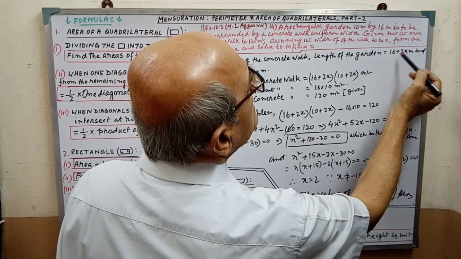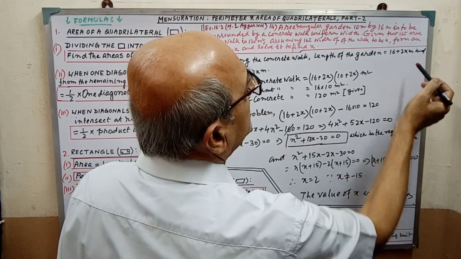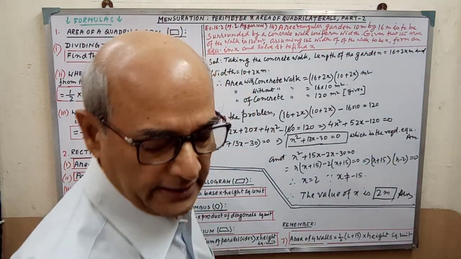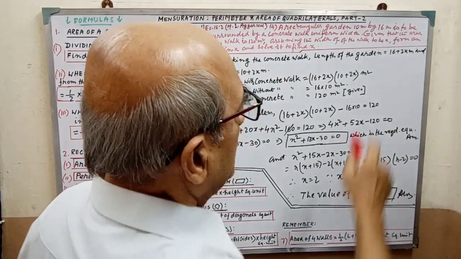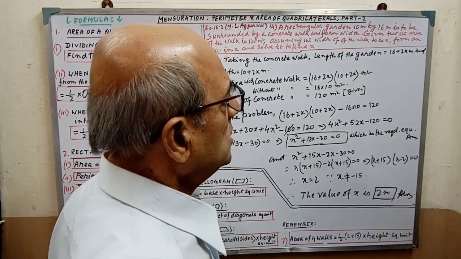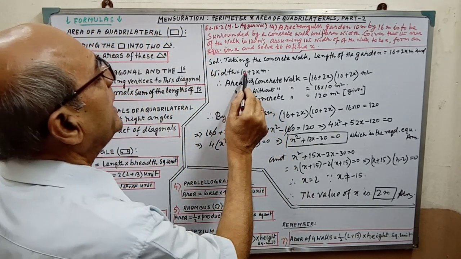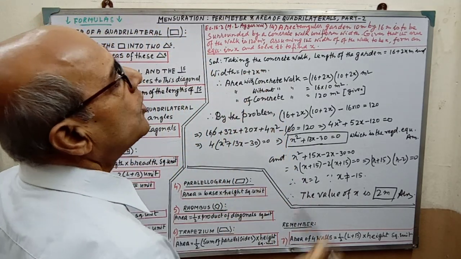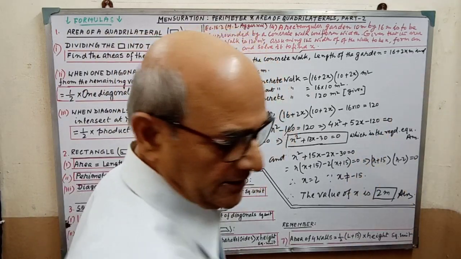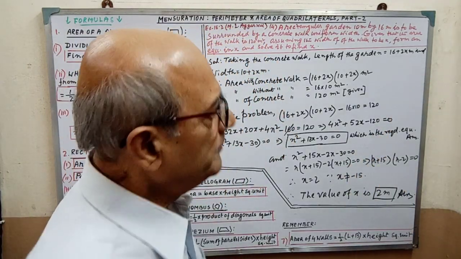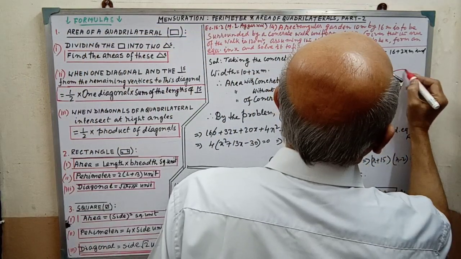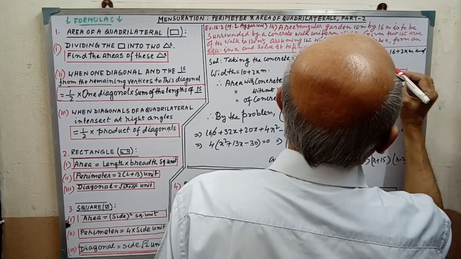length of the garden, that is 16 plus 2x. In both sides, the area will be increased. This is why 16 plus 2x meter, and width 10 plus 2x. Why 2x? You may remember, suppose this is the rectangle.